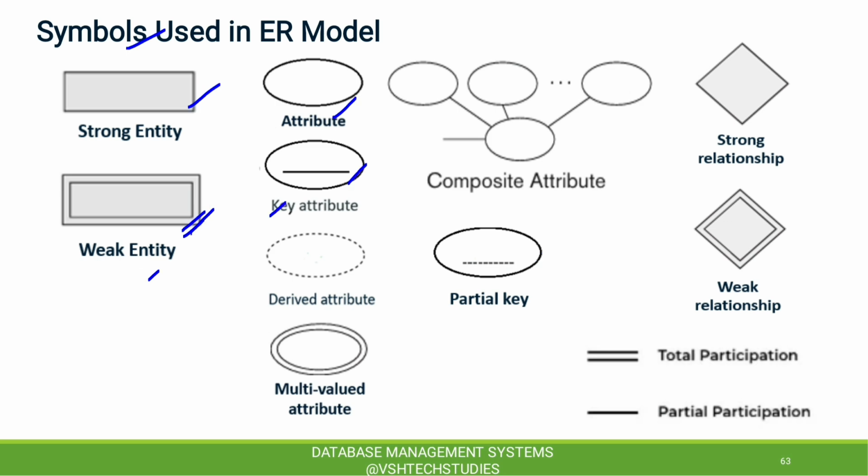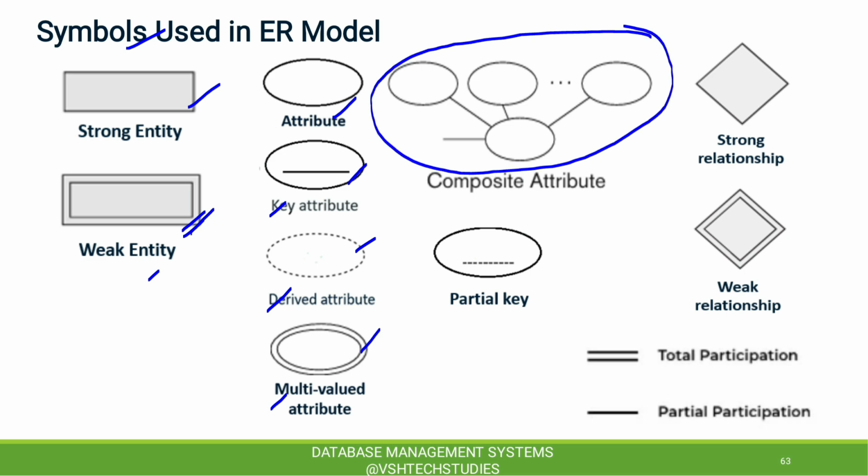This dashed oval indicates derived attribute. A double oval, one inside the other, indicates multivalued attribute. This indicates composite attribute. Here we write the composite attribute name, which can be further divided into several attributes.